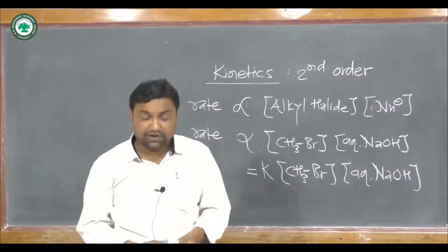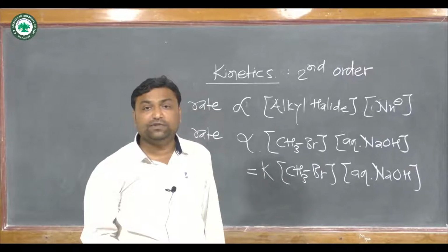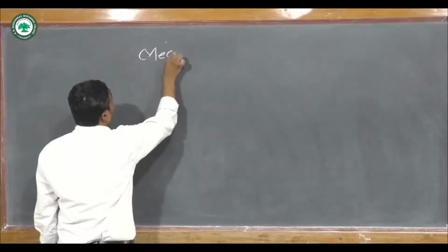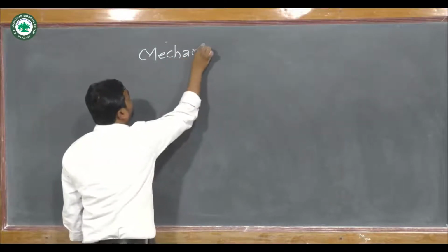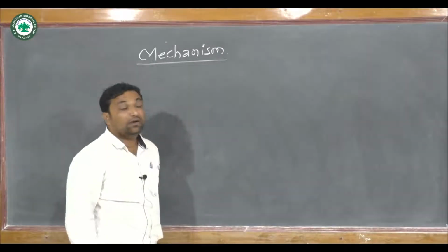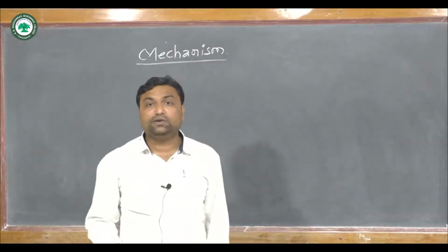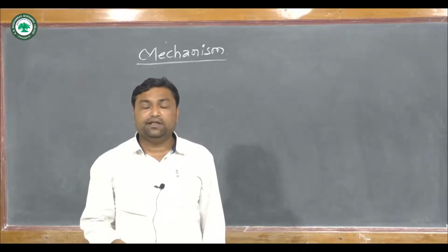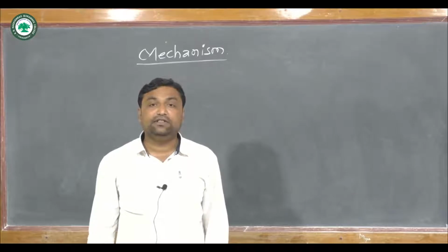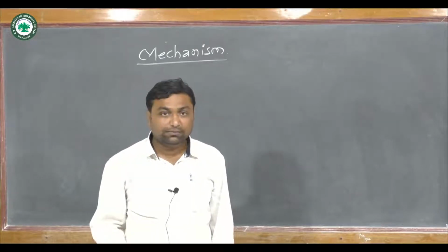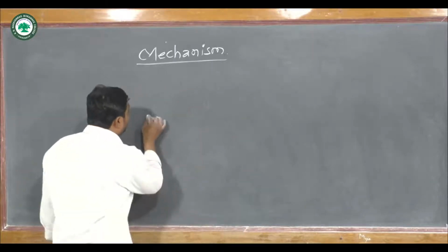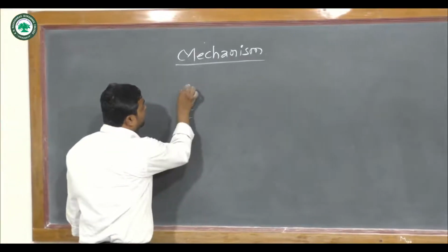Now we have to move towards the mechanism of this SN2 reaction. While dealing with the mechanism of the SN2 reaction, we have already seen a reaction in which methyl bromide is treated with NaOH. Now we have to see the mechanism of this reaction. This is the methyl bromide.